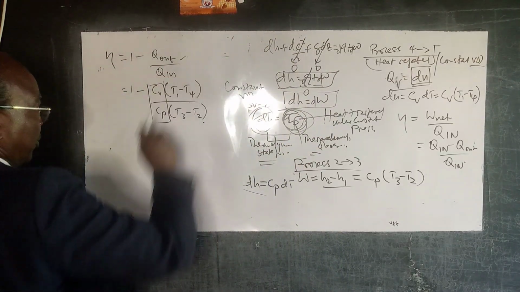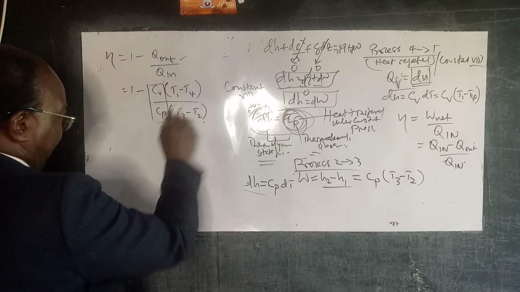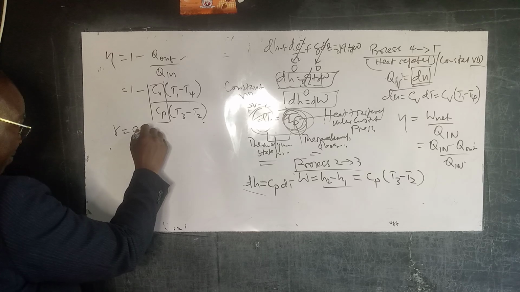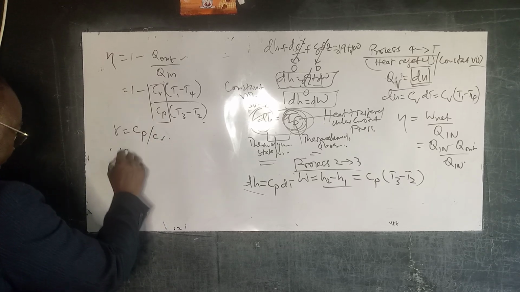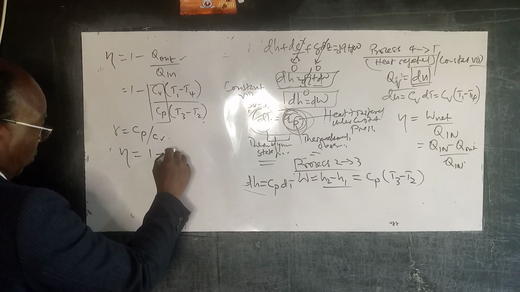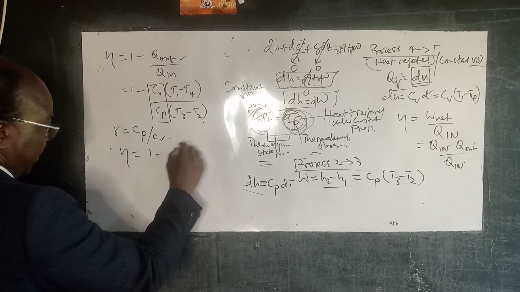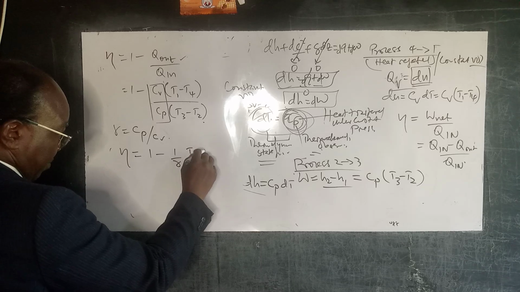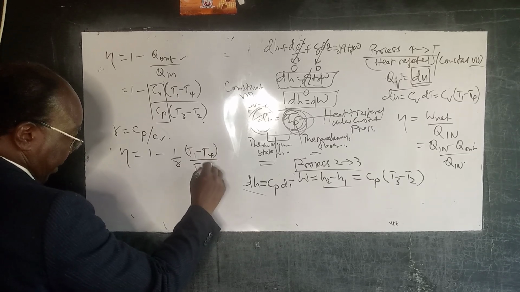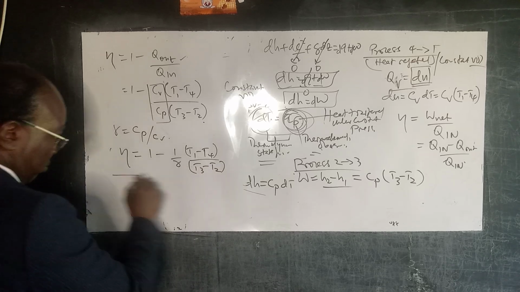Remember we've said Q out, CV, T4, CP, and remember, gamma is CP over CV. Therefore, eta here is 1 minus 1 over gamma times T1 minus T4 over T3 minus T2.